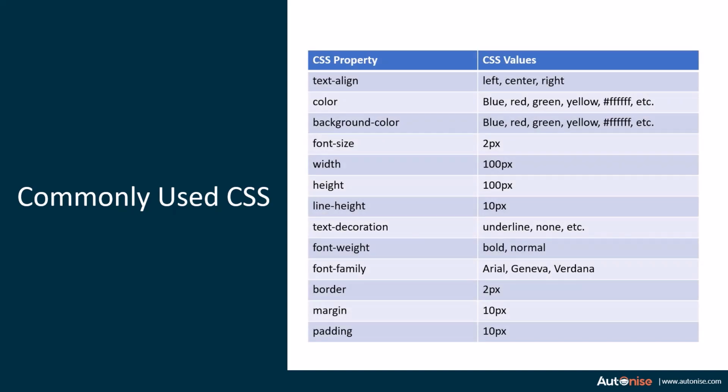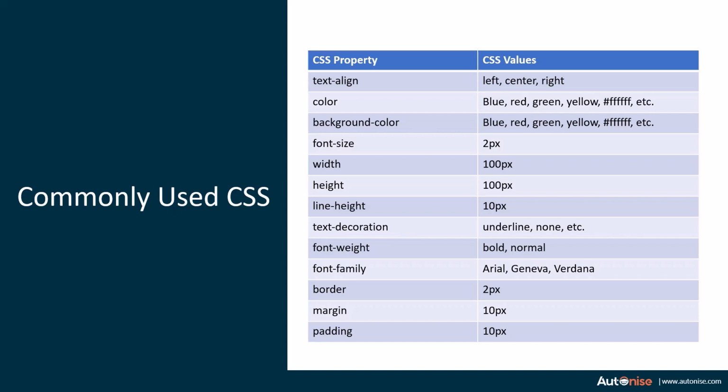Now that we know how to use CSS, let's have a look at some commonly used CSS attributes. So on the left hand side of the table, there are the CSS properties, and on the right hand side, there are the possible CSS values.